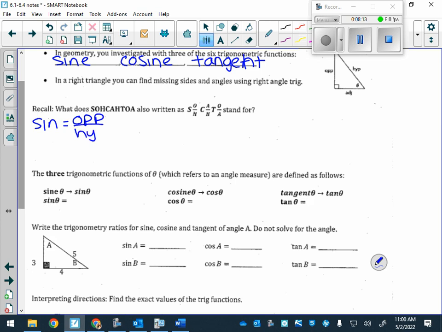Opposite over hypotenuse, good. What does A over H stand for? Grace? Good, adjacent over hypotenuse. And then we already know what O over A is, opposite over adjacent. Okay?